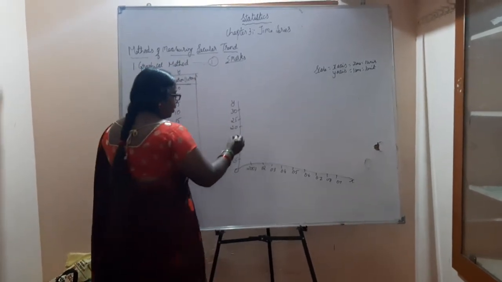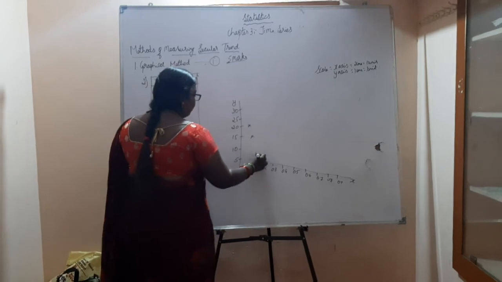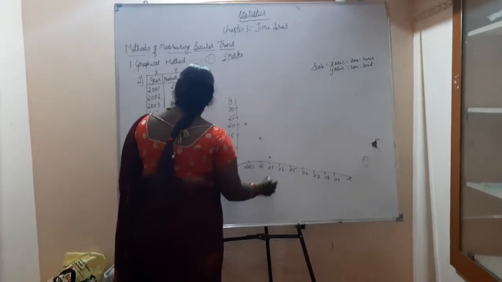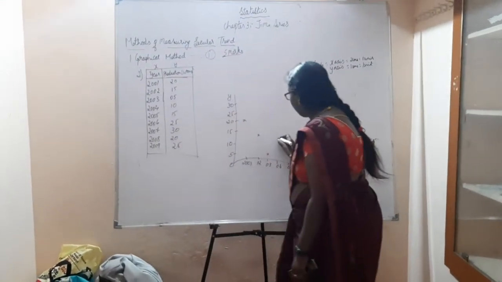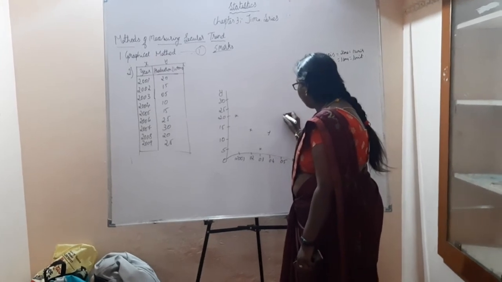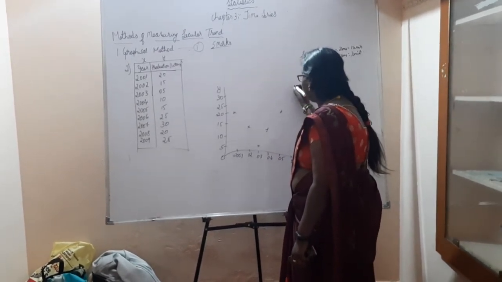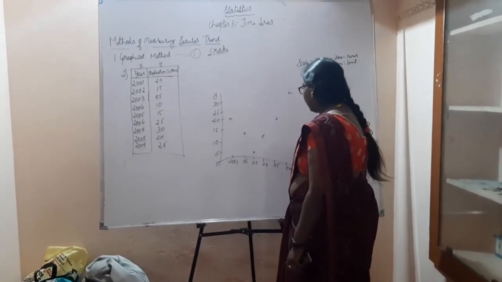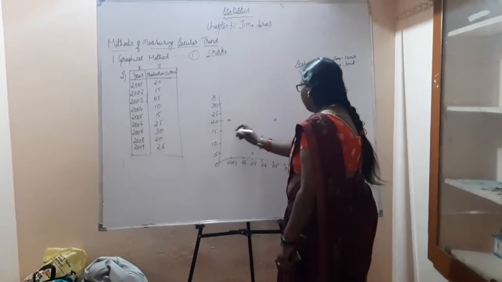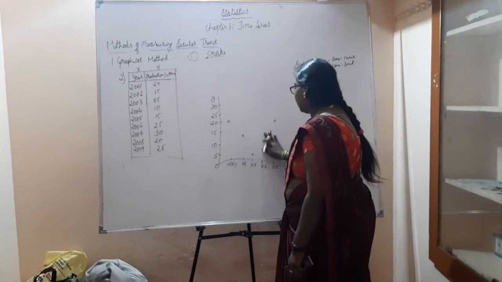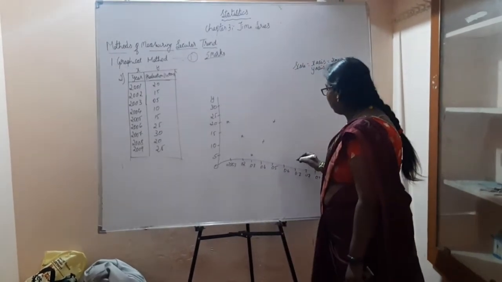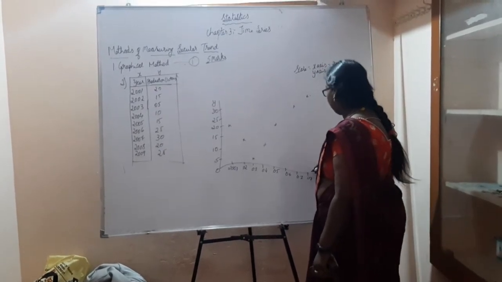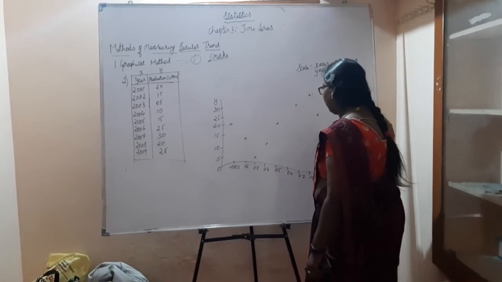Now I am plotting: first is 20, then 15, then 5, then it moves to 10, then 15, then 30, then 25, then 30, then 20, then 25.